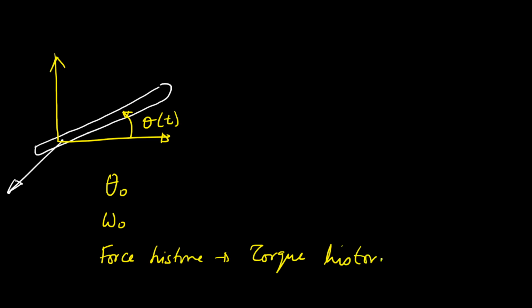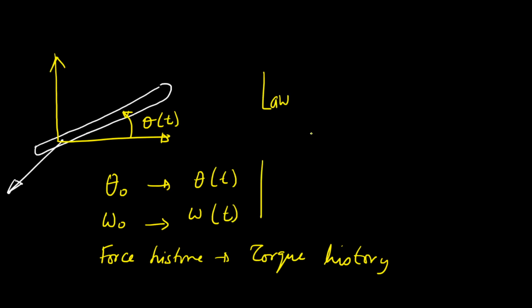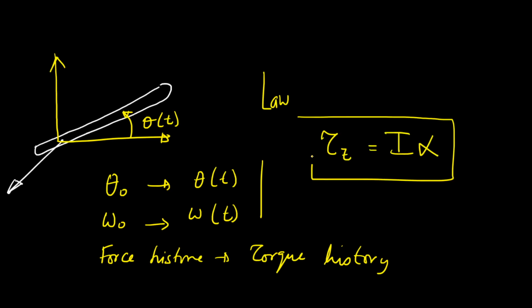Our experience tells us that you can predict theta and the angular velocity as a function of time, because a law like F equals ma, tau z equals I alpha, is enough to solve this problem.